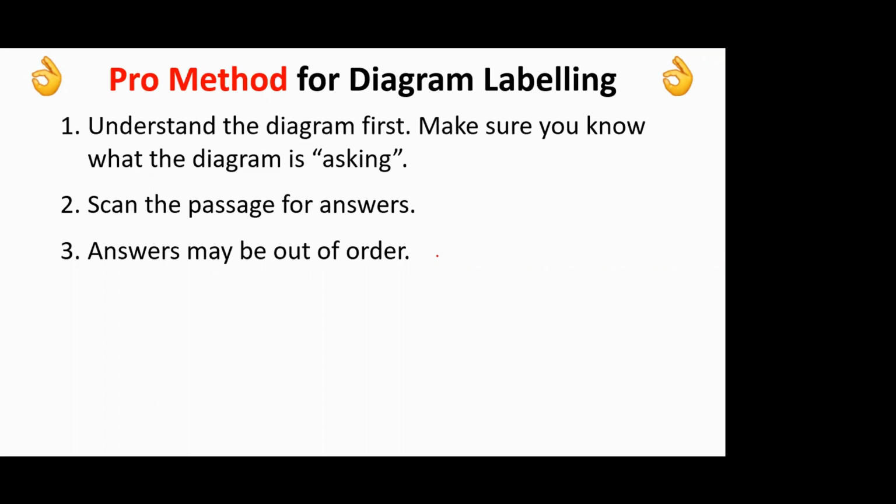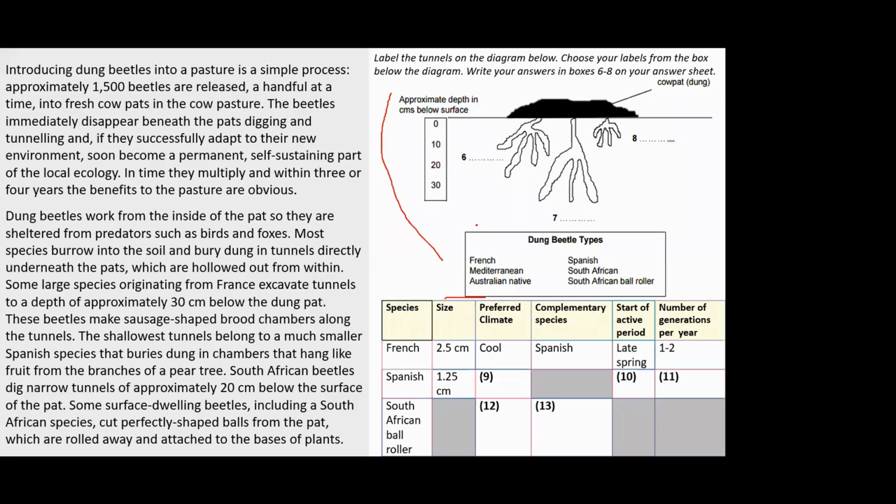So maybe 1 or 2 paragraphs. Once you find those 2 paragraphs that are referring to the diagram, you don't have to keep scanning the whole passage because all of your answers will probably be right there. So with these 2 paragraphs, you don't need to worry about the table at the bottom yet. We're only looking at the diagram.